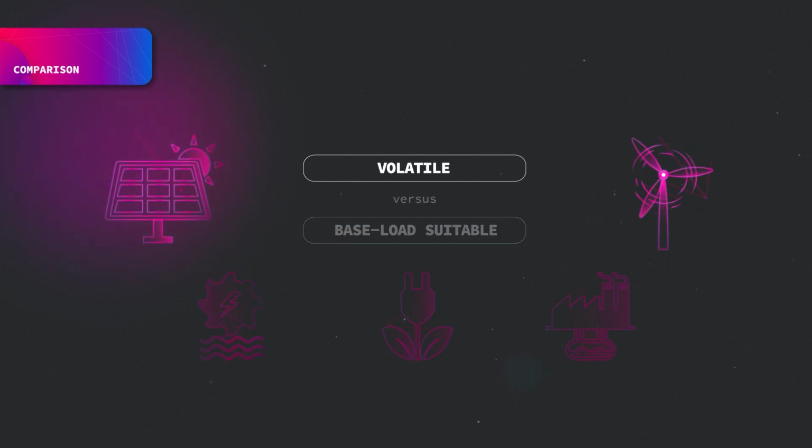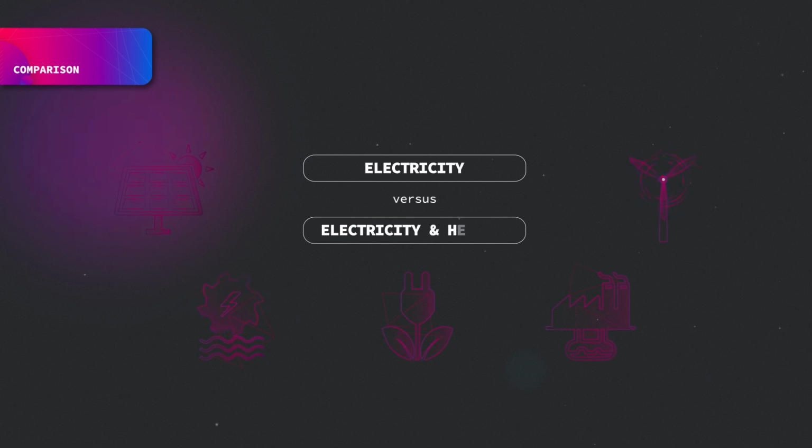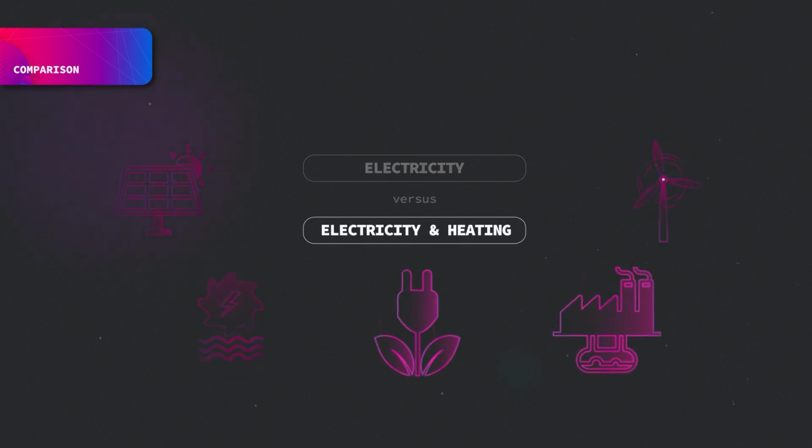On the contrary, hydro, ocean, geothermal, and biomass generation are either constant or can be scheduled, and thus become baseload suitable. Looking at electricity and heating purposes, PV, wind, hydro, and ocean energy only generate electricity. On the other hand, geothermal and biomass generation is able to produce both electricity and heating.